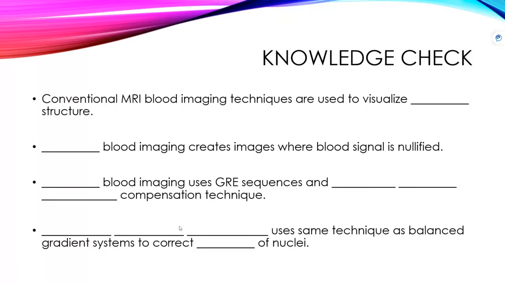Last one: blank uses the same technique as balanced gradient systems to correct what of the nuclei? This is the same thing as the one before, pretty much. Any guesses?